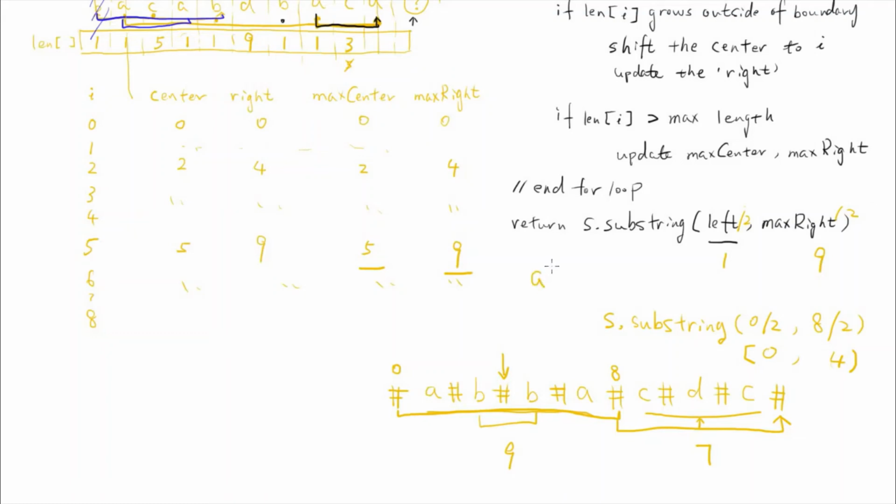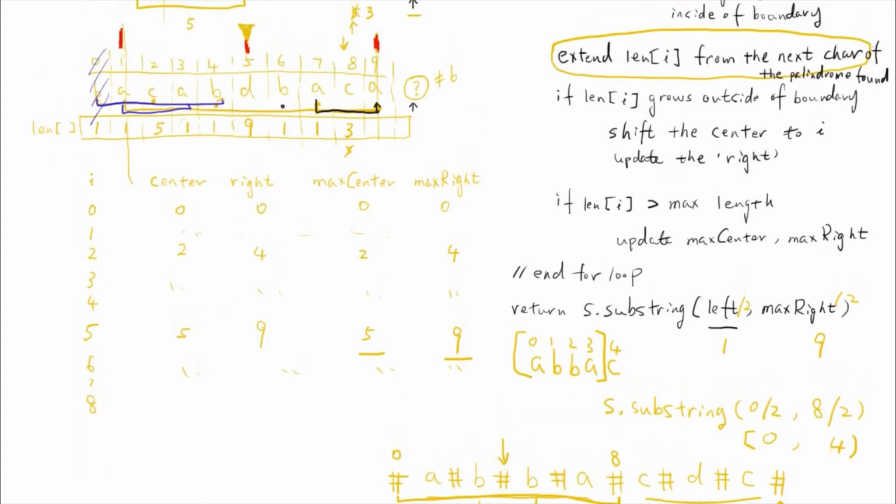In our original string, we have A, B, B, A, and C is here. We specify 0 and 4 in the substring, and it will return from here to here. And it gives you the palindrome ABBA.